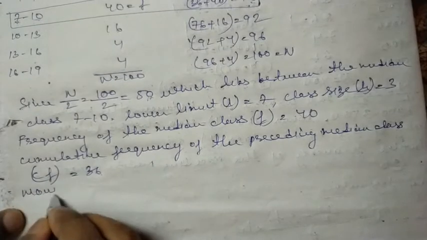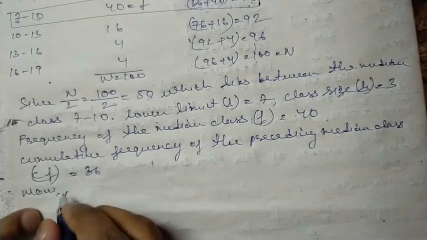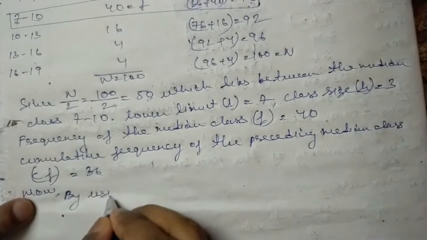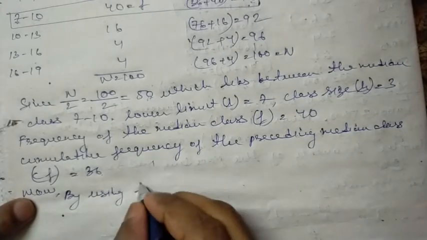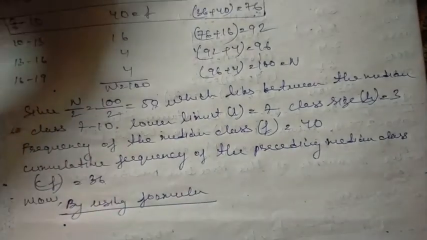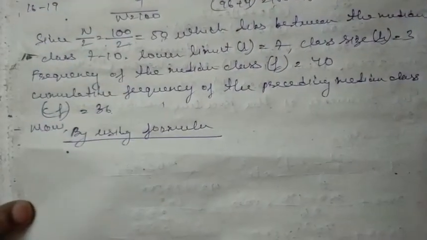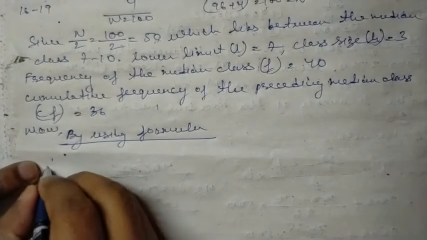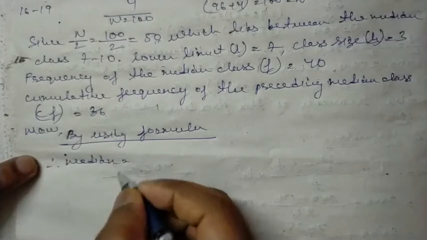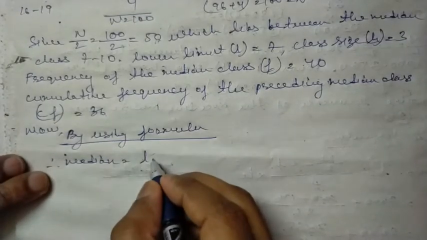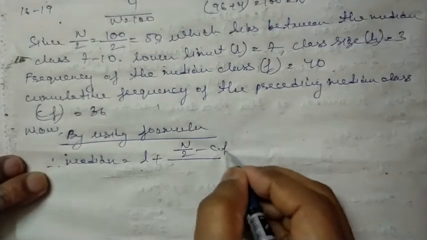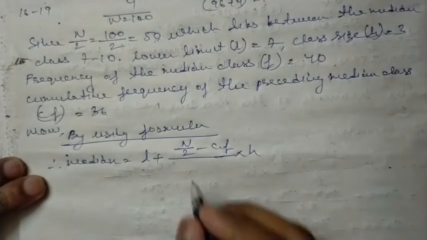Now, by using the formula, median is equal to L plus n by 2 minus CF, into h, divided by f.